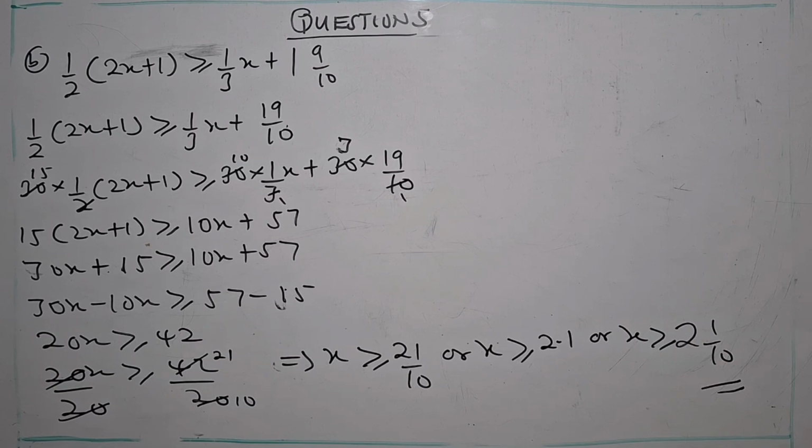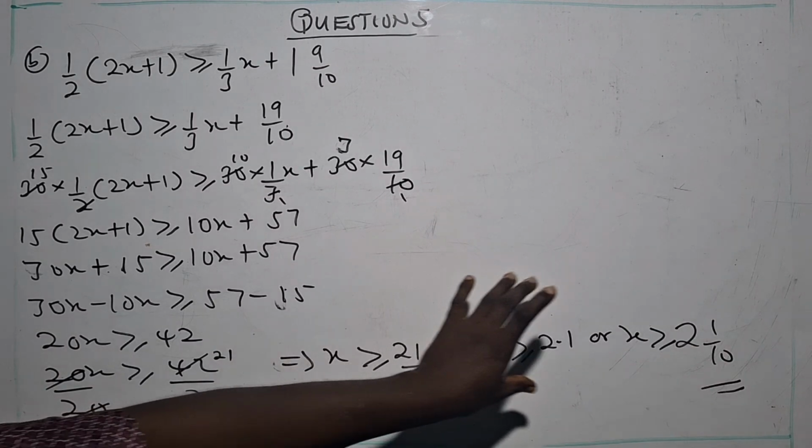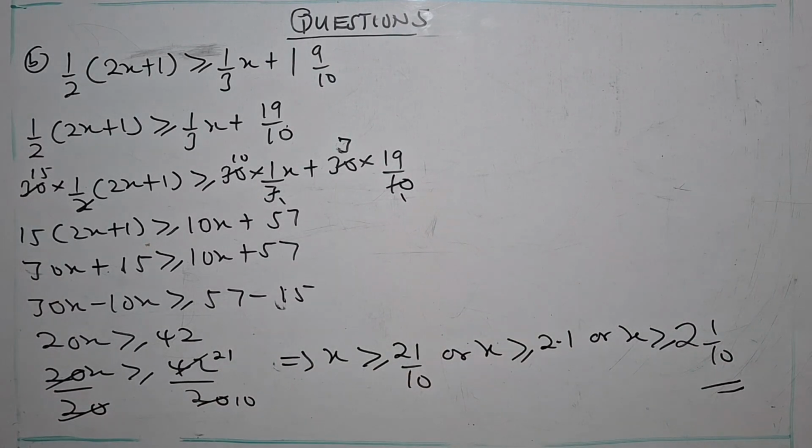Either you leave it in improper fraction form, in decimal, or in mixed fraction form. So when you do any of this, you are going to get the correct answer. And you have to do this for your 5 marks. So I think it's very easy if you follow my channel and you practice more.